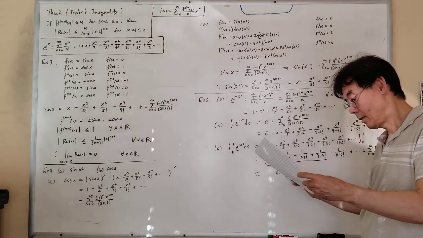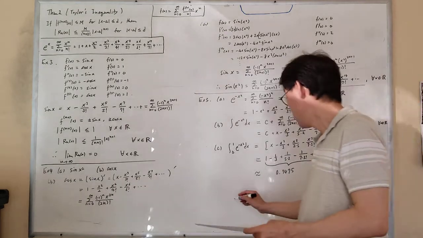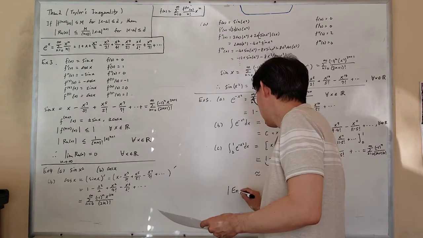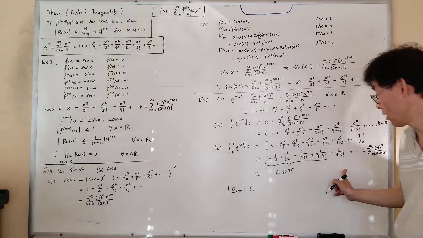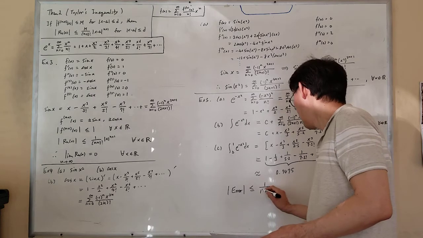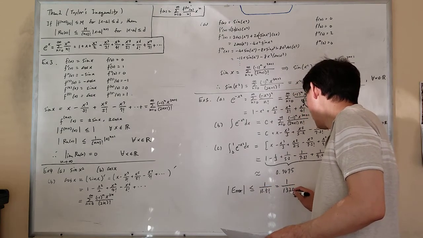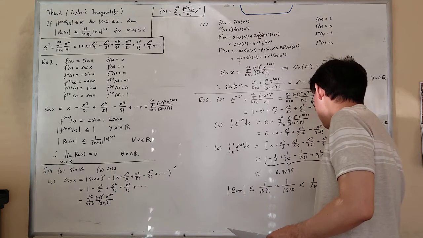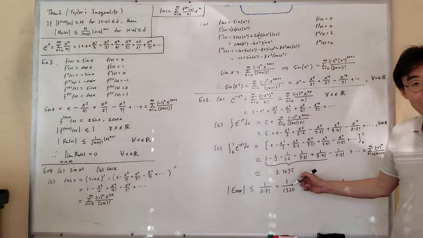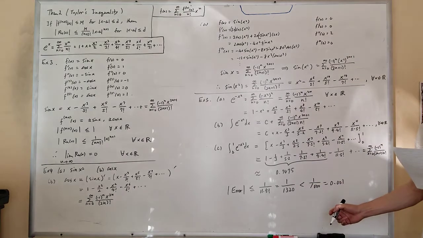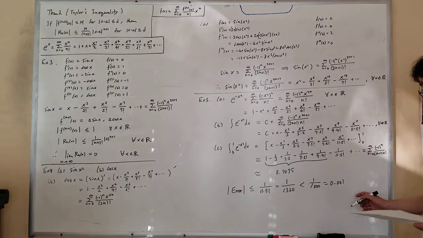The error is less than or equal to the size of the first term discarded, 1 over 11 times 5 factorial, 1320. Definitely less than 1 over 1000, 0.001. So this approximate value is accurate to within an error of 10 to the negative third power. Okay?